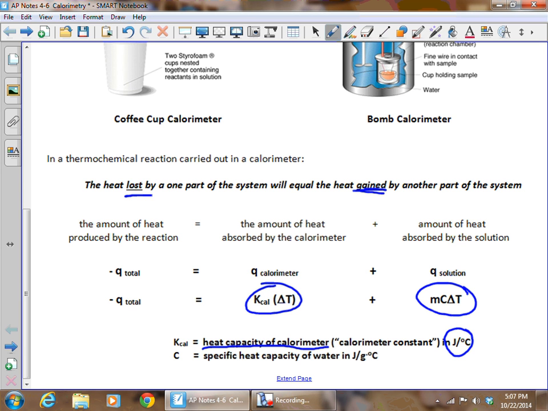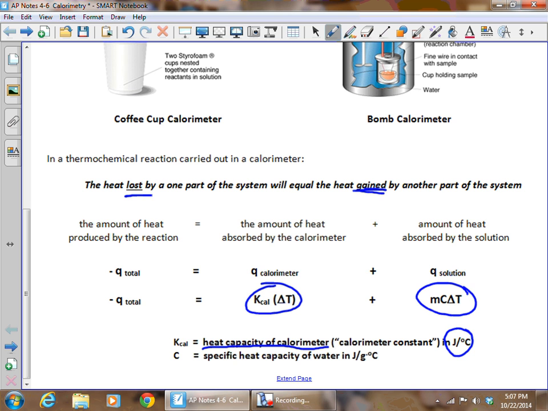Specific heat is joules per gram degree Celsius, so they look at a material by how much mass it is, but since the calorimeter is an object containing the reaction, they think of that whole object as gaining an amount of heat per degree Celsius that the water temperature inside it changes.